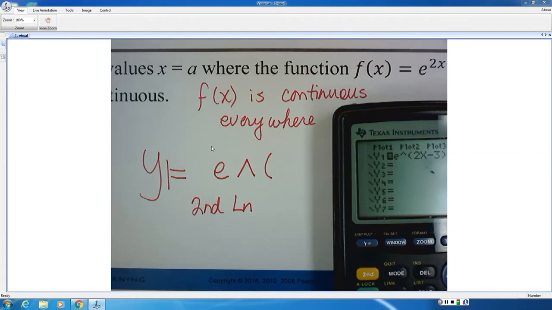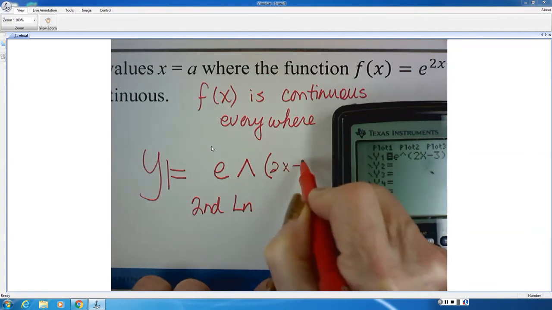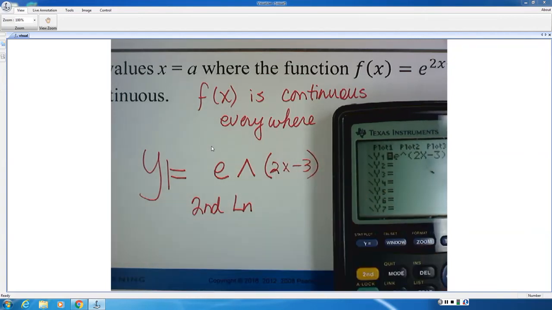The way that you get your e is second LN, and the LN is next to the number 4. And then you just finish out the expression for your power. And then since we're just looking around for it, we're going to hit zoom 6 just as a starting point.